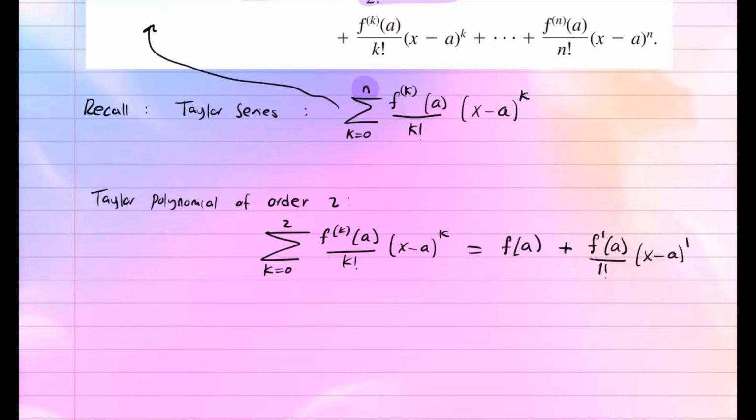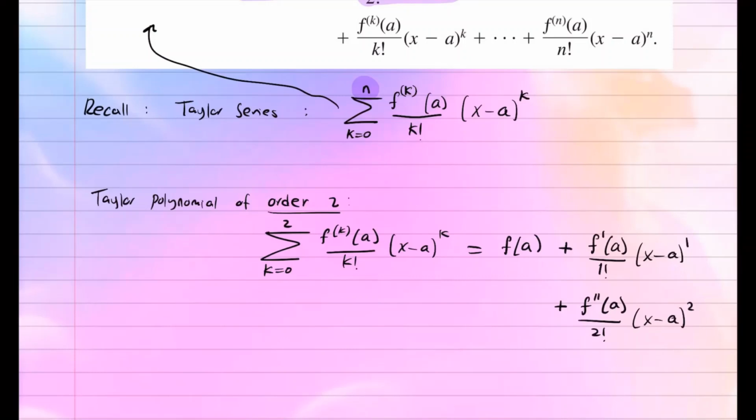Now I want second order, so I need to go for one more. So this will be plus the second derivative of the function evaluated at a divided by 2 factorial times x minus a to the second power. So that's your Taylor polynomial of order 2. If you want order 3, you go to the next term. Order 4, you go out to the next term, and so on.